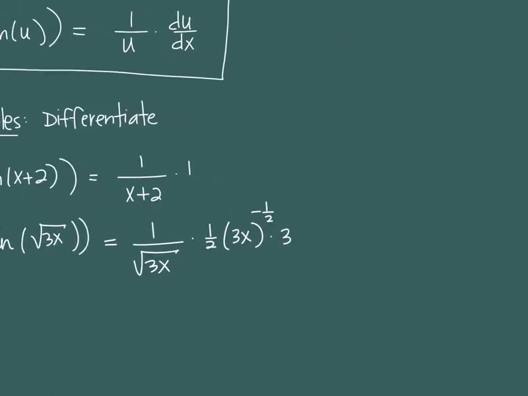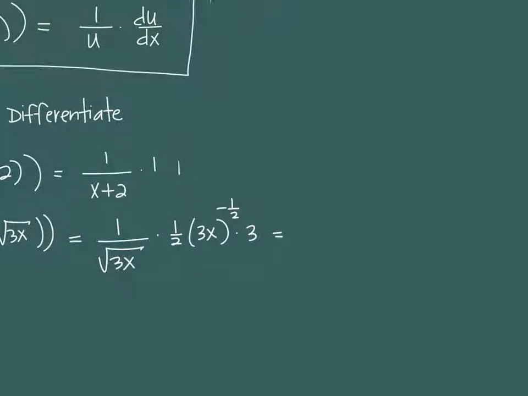And we never want to leave the negative exponents, and so we would clean this up. Our numerator would just be the 3. The denominator would have a 2 from the half.